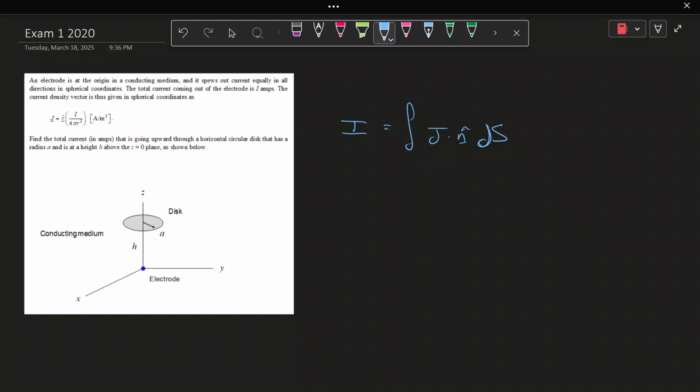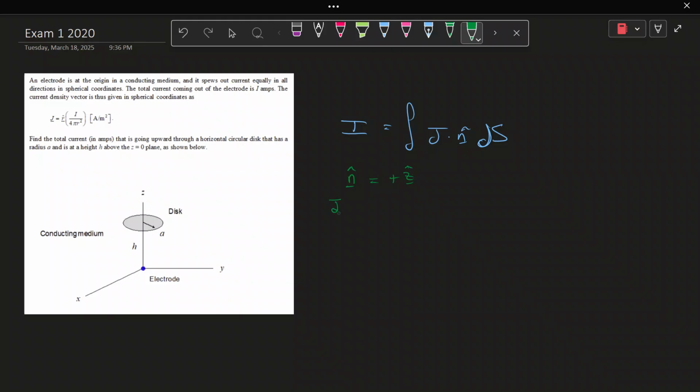Now, what would n be? Well, the n normal vector will be positive z hat, the unit vector z, because that is the direction at which our J vector will be crossing the surface.